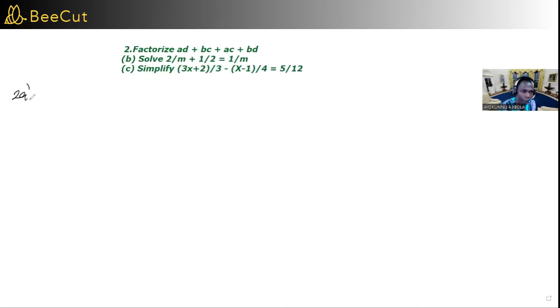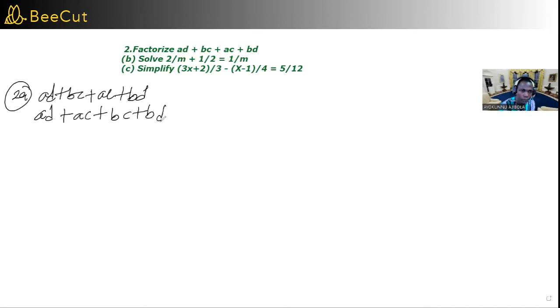So for 2a, I have AD plus BC plus AC plus BD. You observe that this has A and A, so you bring them together. AD plus AC, then BC and BD.